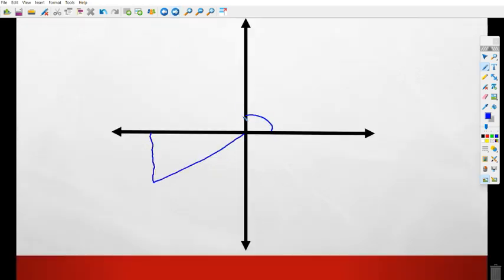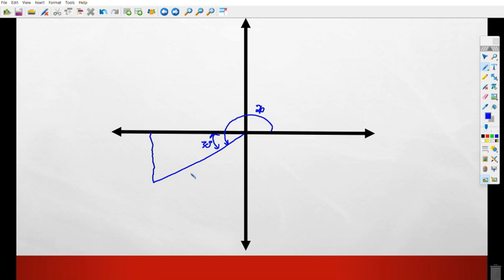From 0 all the way to that line over there, it's 210 degrees. But I want to know what this angle over here is. How am I going to find that angle? If I know that this straight line is 180 degrees, how far is 210 degrees from 180 degrees? We know it's 30 degrees.